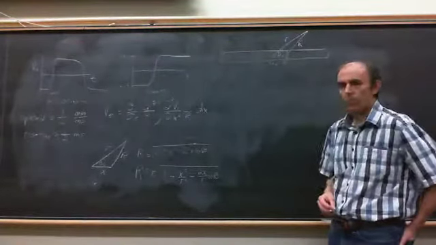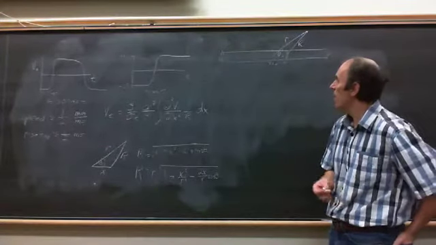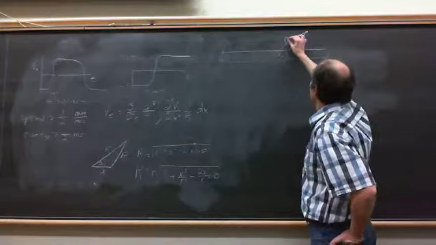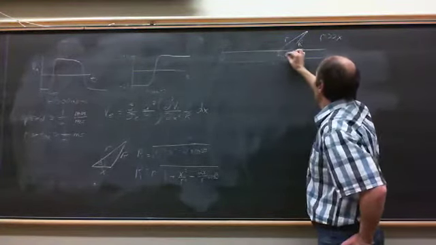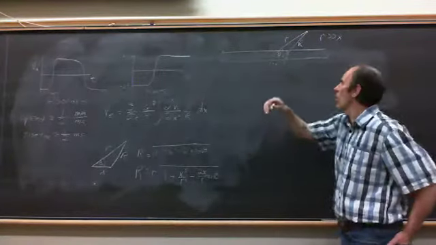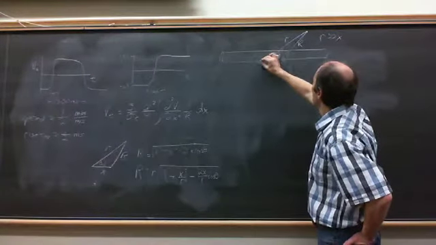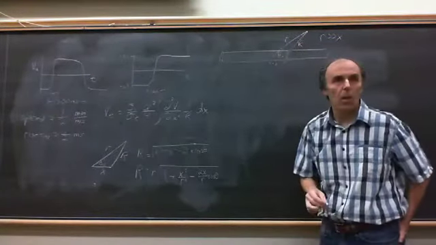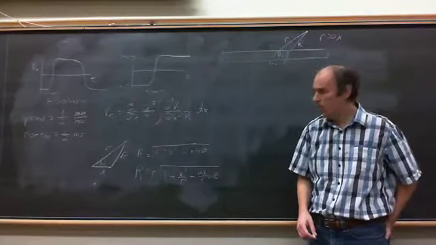Now, we're assuming you're a long ways away. What does that really mean? That means when you're integrating, this r is going to be much greater than x, because there's some place you're going to stop integrating. This is going to be flat, and you have no source. So the region that you're integrating over, we're going to assume that's small compared to little r. So x over r is always going to be small.